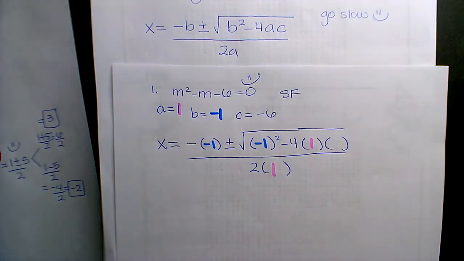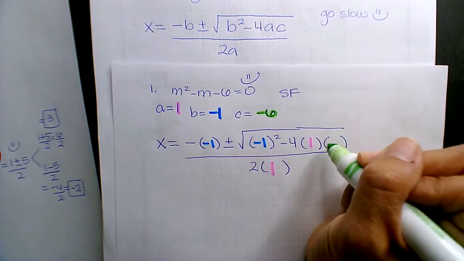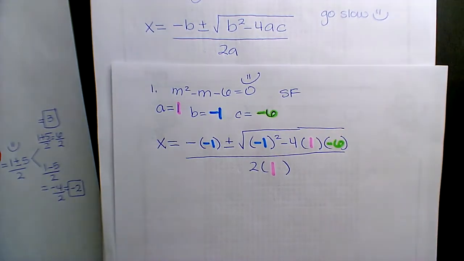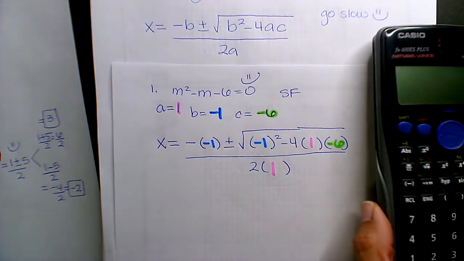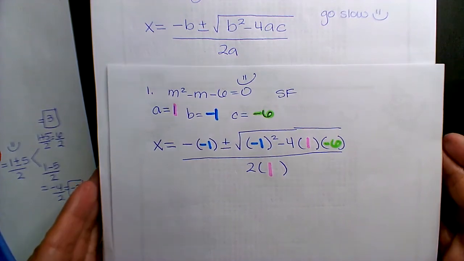And my C is negative 6, so there's my negative 6. And that is your substitution. You can go right into the calculator, and what you see is what you type.